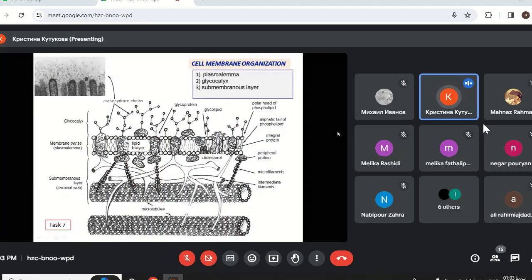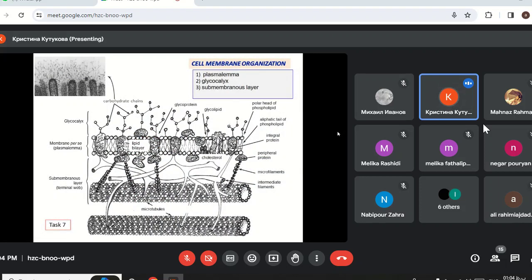So we start to discuss the organization of the cell from the cell membrane. Cell membrane consists of three components. The major component is the plasmalemma itself, or the membrane per se. It's the Latin meaning the self, or the plasmalemma. This is the lipid bilayer, which consists of two layers of phospholipids and proteins.